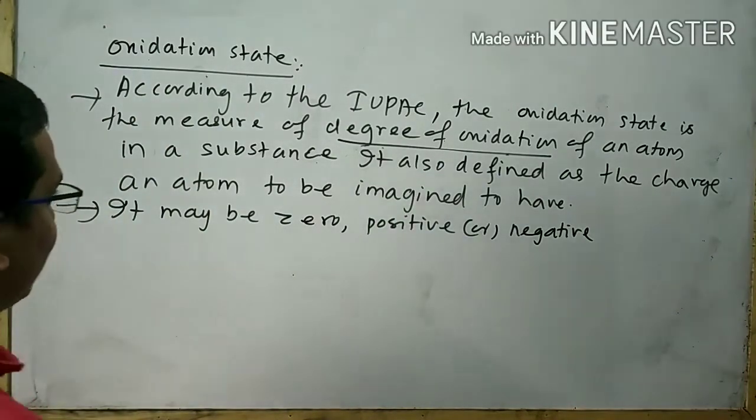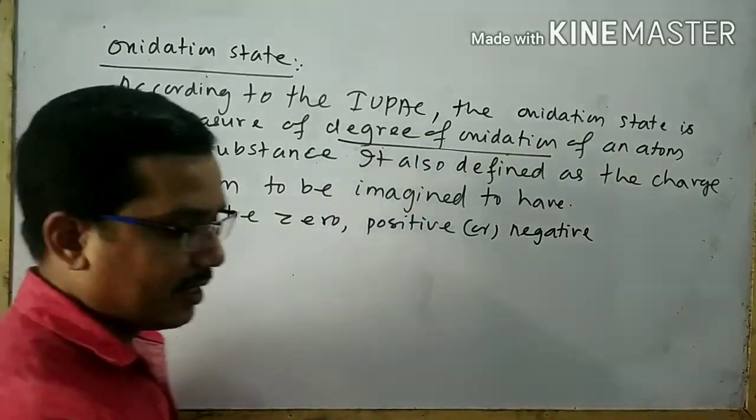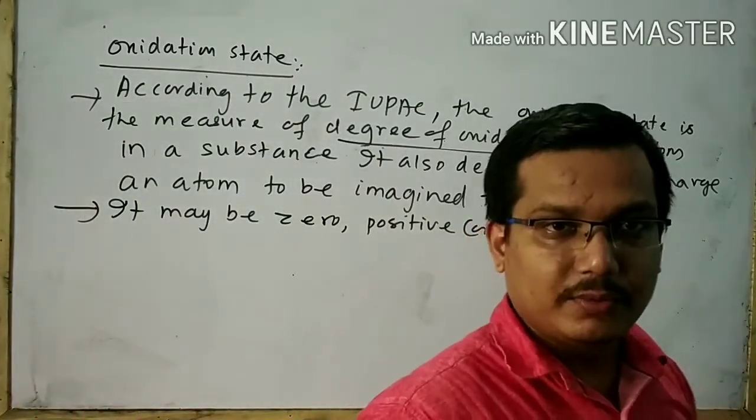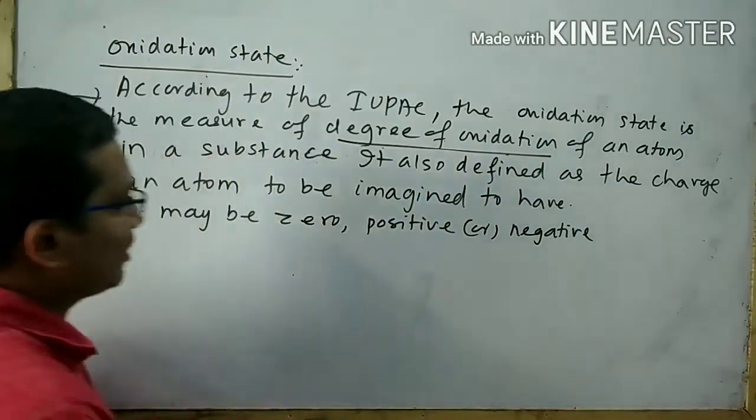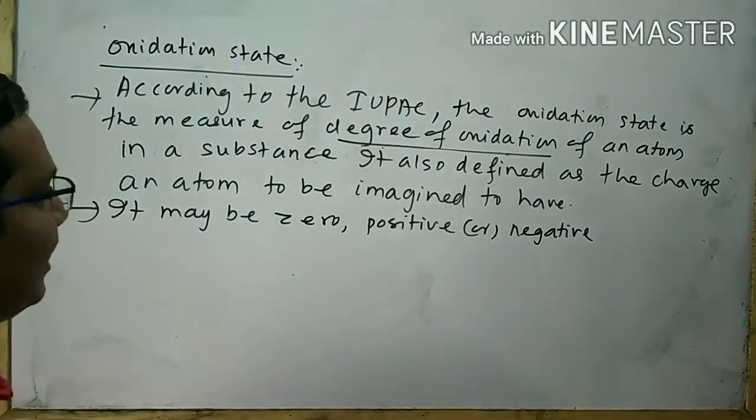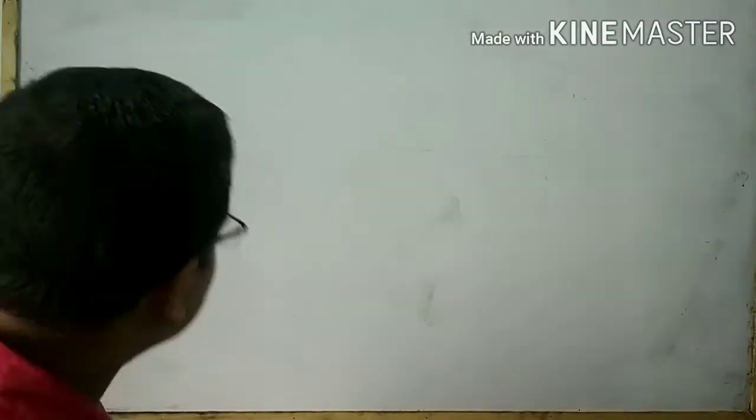If I think about the variation of oxidation state along the period and group, at first I will discuss the variation of oxidation state along the period.